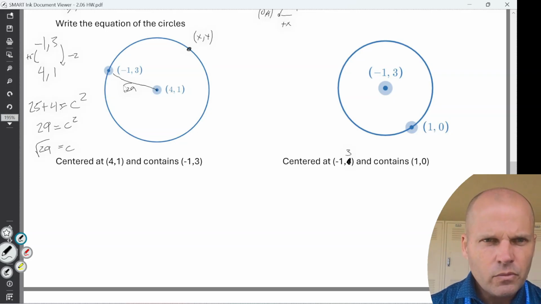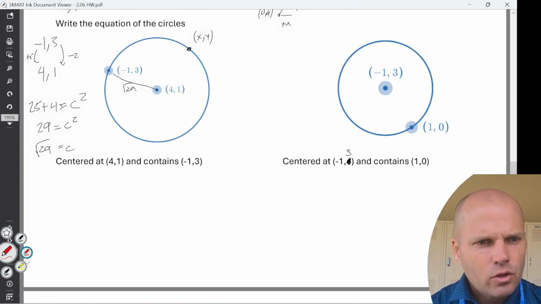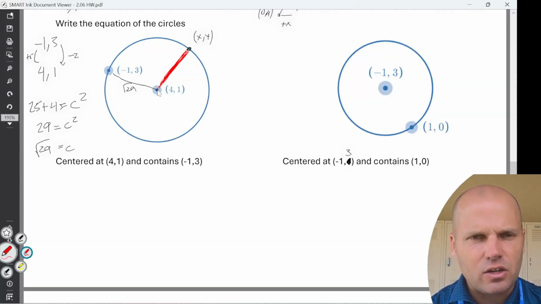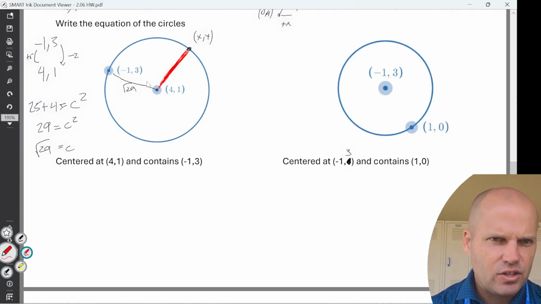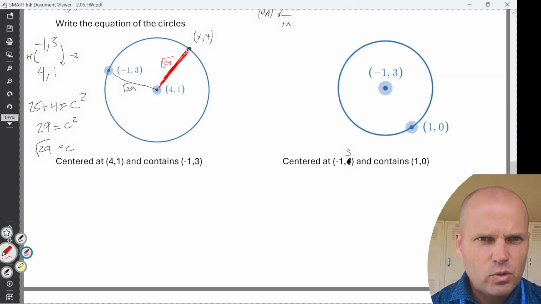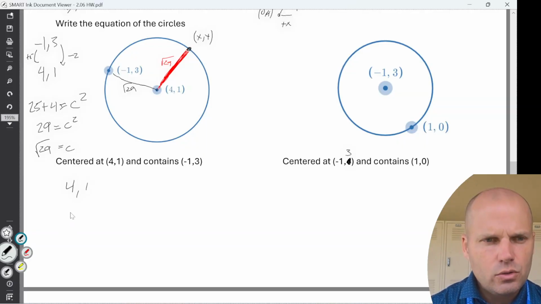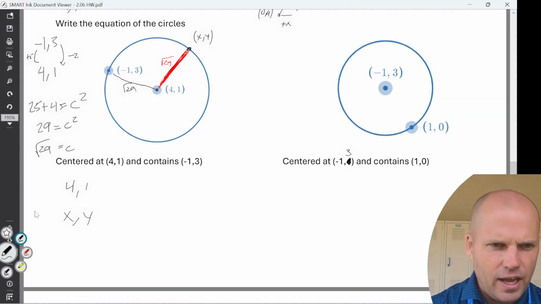Cool. But now, this is the important thing, is we've got to break out Mr. Hypothetical (x, y) that exists on the circle, that is root 29 away from (4, 1). And we've got to go from this (4, 1), the center, to this hypothetical (x, y).